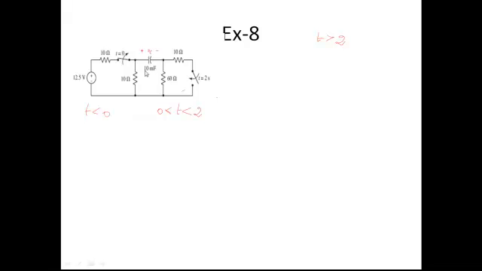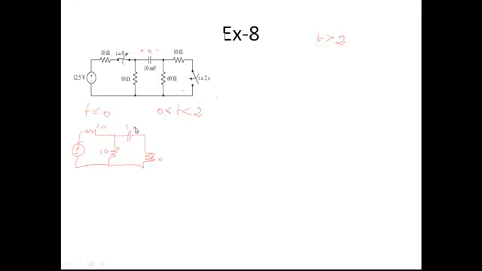At time t lesser than 0, one switch is in the open position. Under the open position, this 10 ohm resistance will not be there. So your circuit is simplified as you have this voltage source, 10 ohm resistance, this 10 ohm resistance, this capacitance, this 60 ohm resistance. So your circuit is simplified like this.